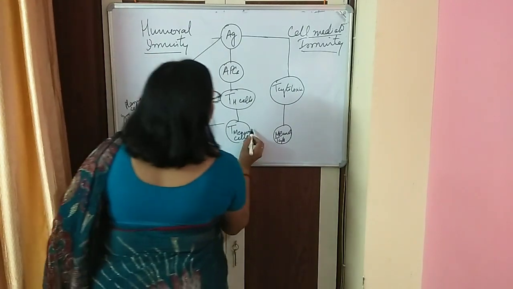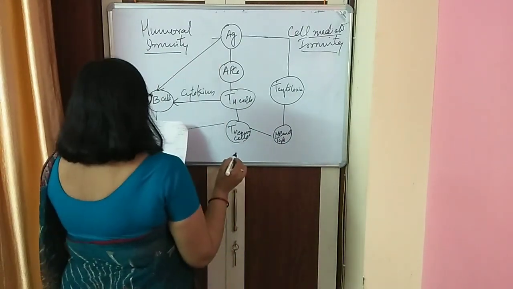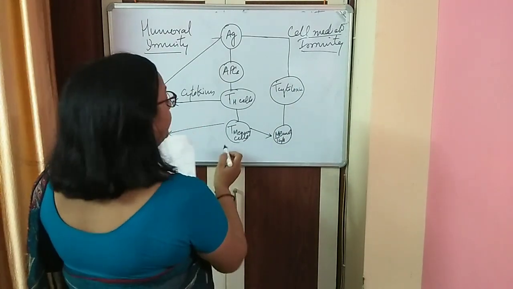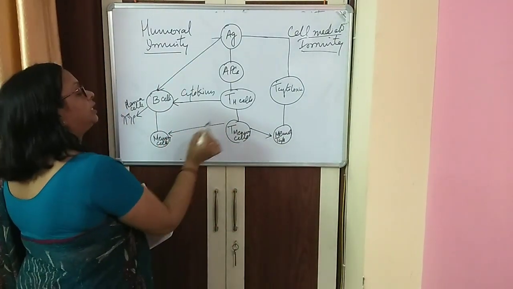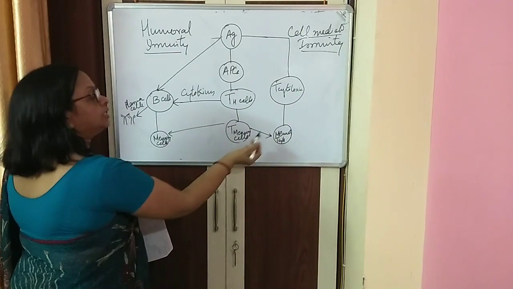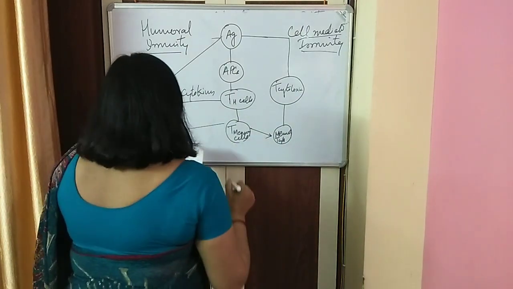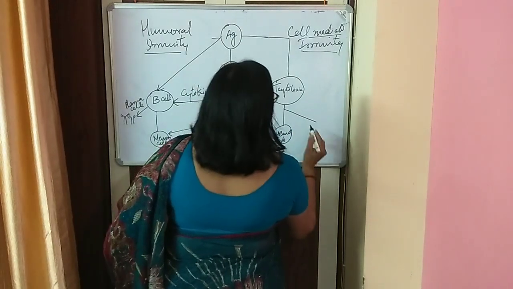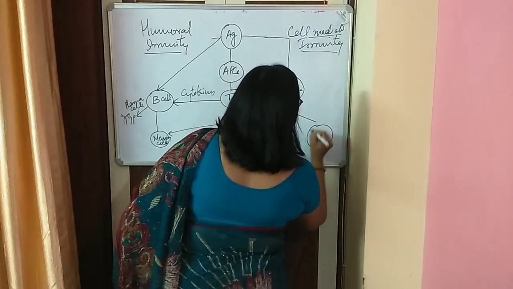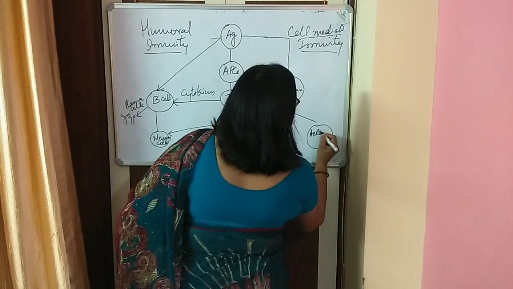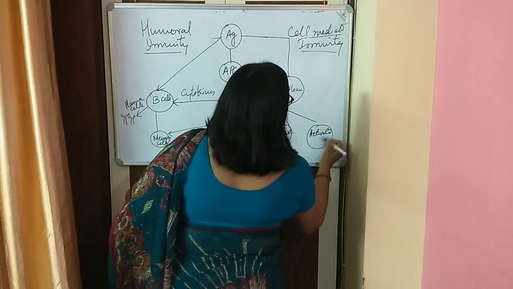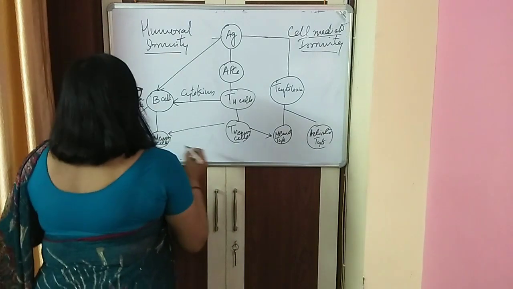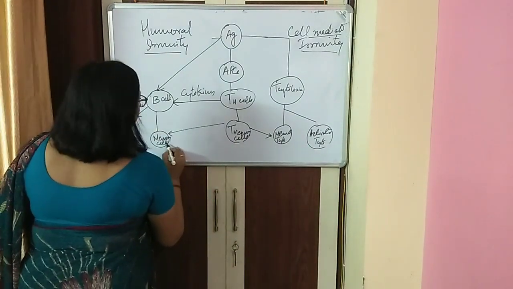Here memory TH is formed, and this helper cell will also stimulate these memory cytotoxic cells. They are helpers, so they will help the B lymphocyte memory cells as well as the T cytotoxic memory cells, and at the same time it can activate, this is activated T cytotoxic, okay.